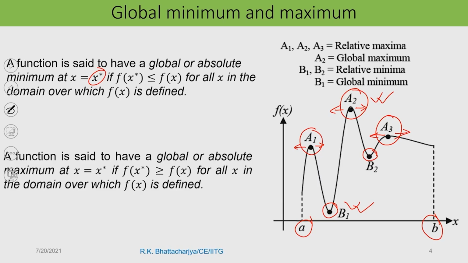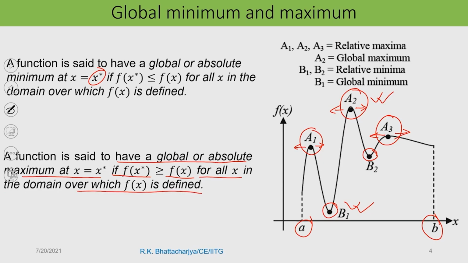Similarly, I can define the global maximum point. A function is said to have a global or absolute maximum at x equal to x star if the function value at x star is greater than f of x for all x in the domain over which f of x is defined.